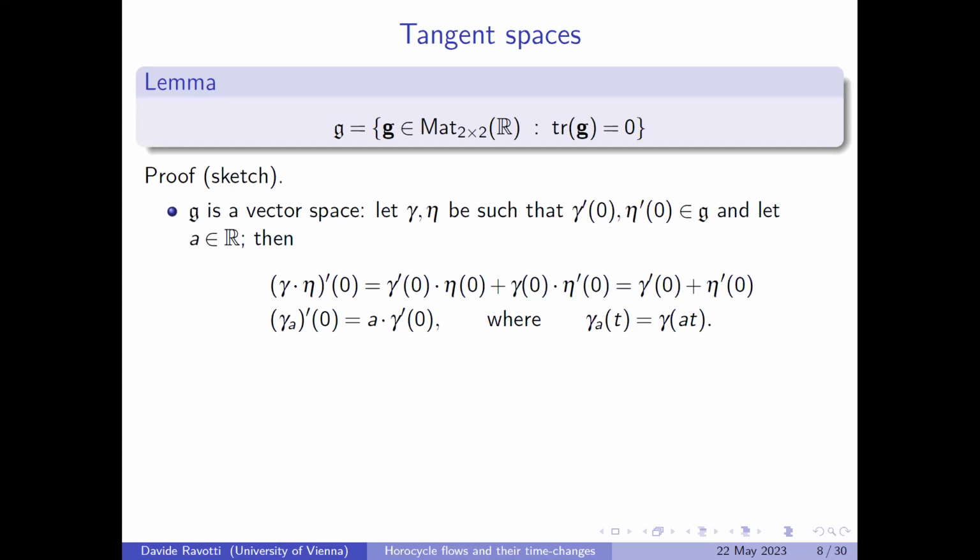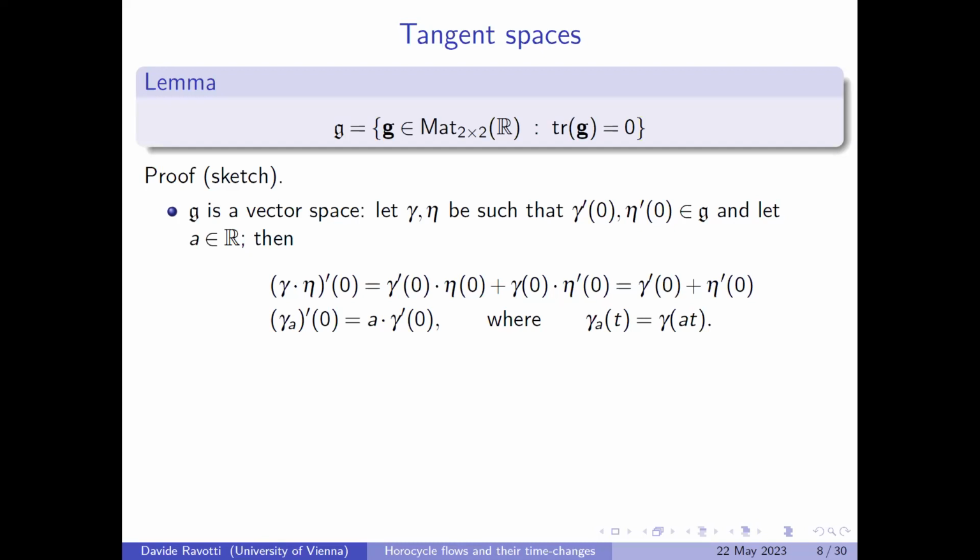I define a new curve that I call gamma times eta. So gamma times eta at t is equal, by definition, to gamma of t times eta of t. This again is a smooth curve that at 0 is the identity, and it takes values in SL2R. So if I take the derivative of this curve at 0, by definition, I get an element of my tangent space at the identity.